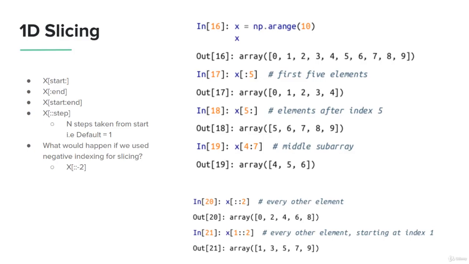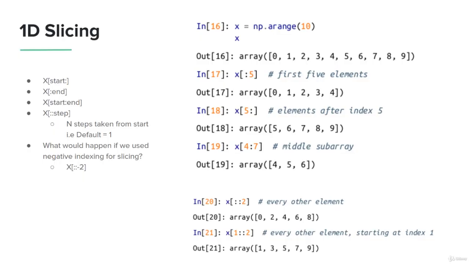We're going to slice a particular section, a subset of that array, and display that. If you just want a starting point and to read the rest of the array, we're going to just have the starting point and the colon. If you just want an ending point, it will start from the very first element and go to the ending index, and so on.